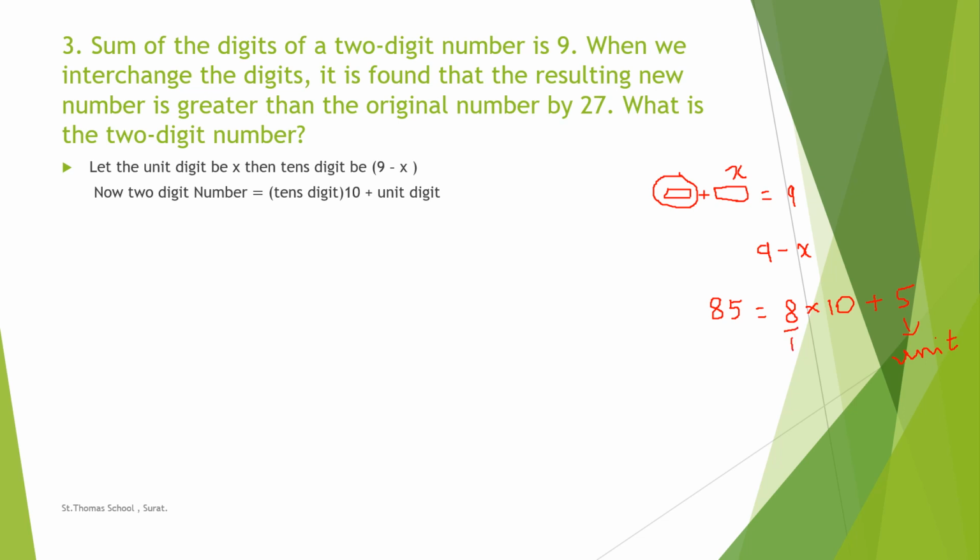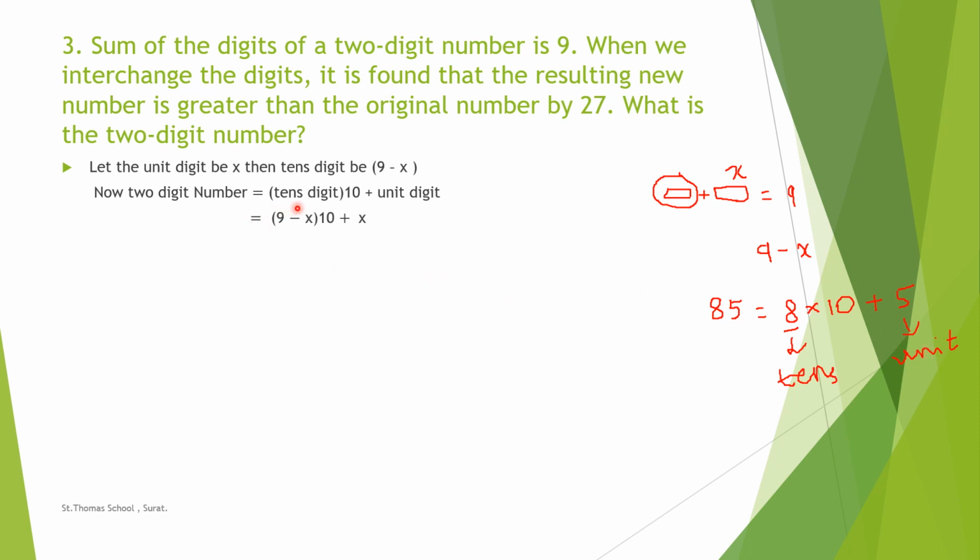It is the tens digit. So now read here: a two-digit number is equal to the tens digit, here 8, multiplied by 10 plus the unit digit, here 5. Now it's clear? I hope it's clear for you.